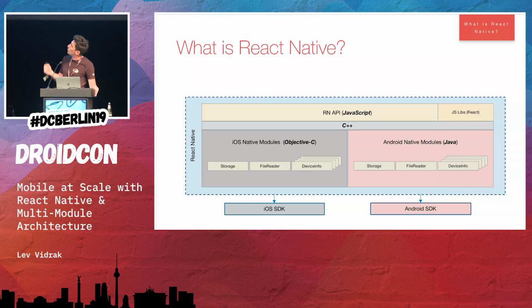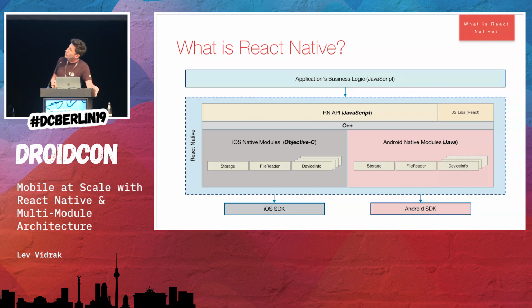Above this, we have a C++ glue layer that connects us to the JavaScript layer, which is actually an API that's exposed to the React Native developer. And the React Native developer implements his business logic using this JavaScript API. Unfortunately, React Native does not cover all of the Android and iOS SDK.